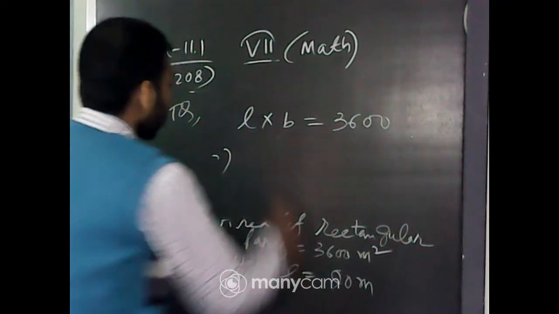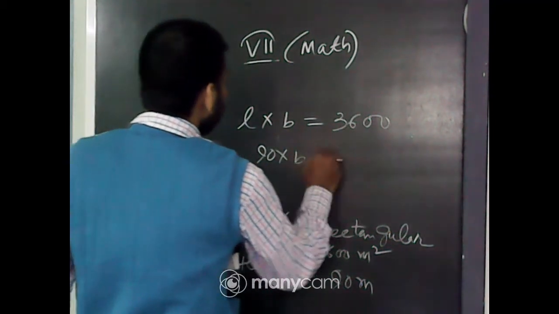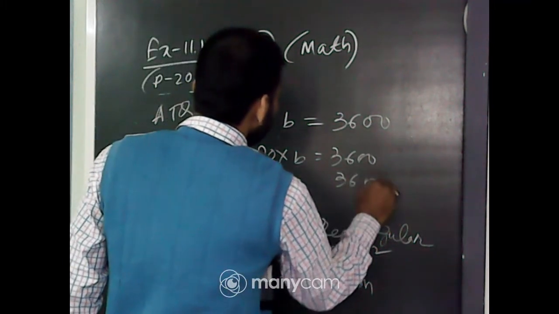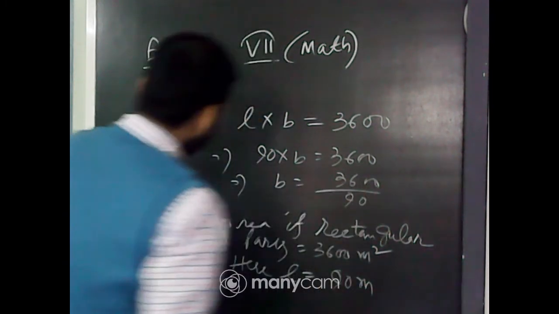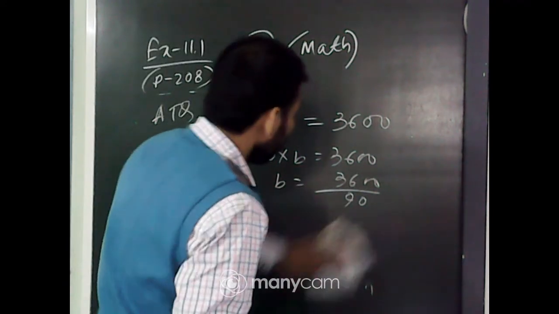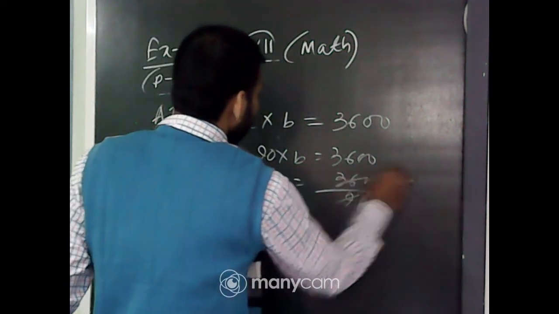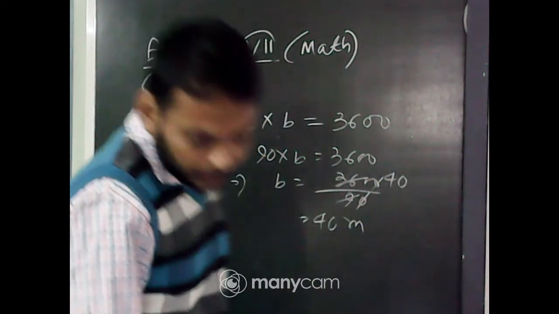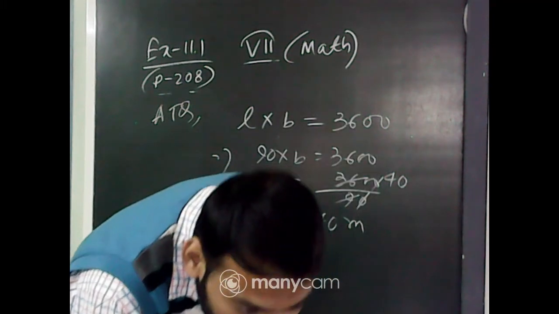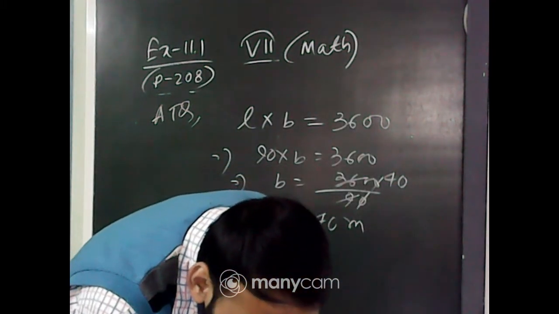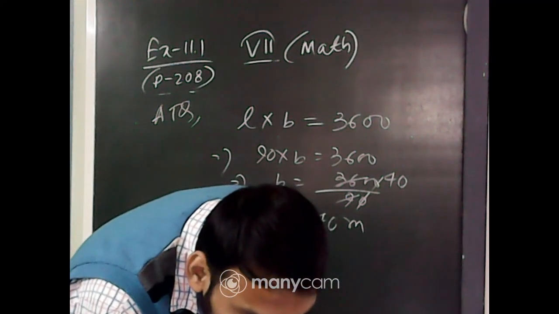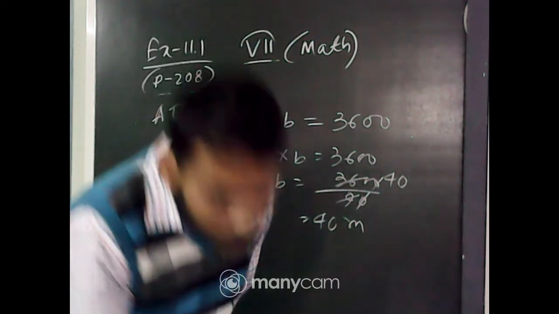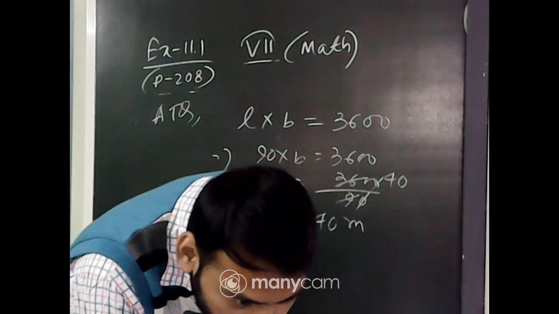Okay. Yes, so 90 into B equals 3600. So B equals 3600 by 90. I am erasing this portion. So after cancelling, it will be 40 meter. So now you have to write the answer. Yes, very good. Aditya, Priyanshu, that is Saptarshi, very good.